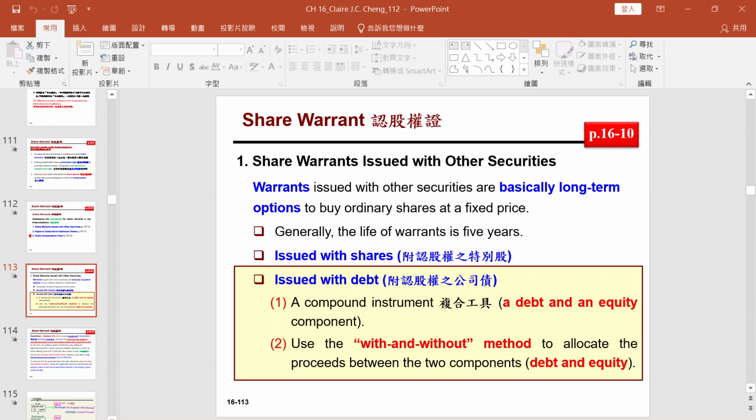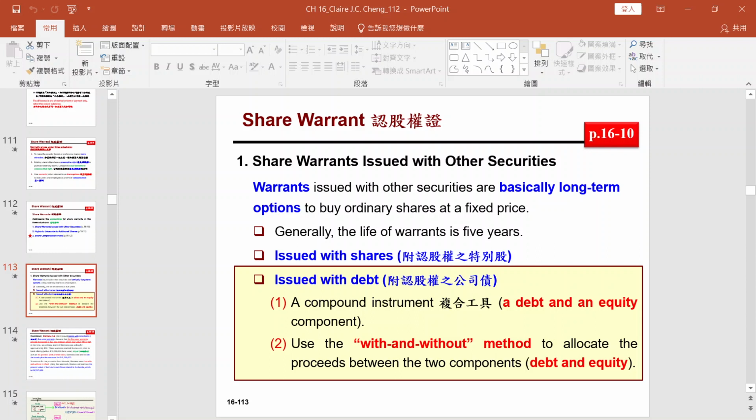In accounting, do we need to separate these two equities? No, we don't need to. You just combine, use the total amount to record the transaction.